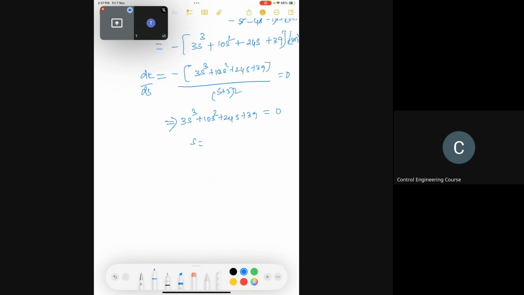Just giving me somewhere around 0.64 and some value minus 4.